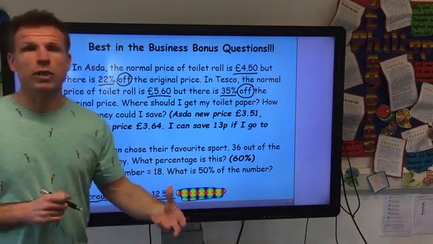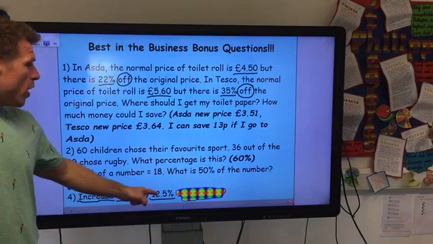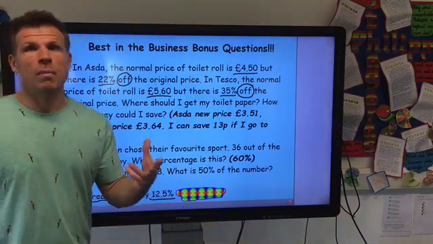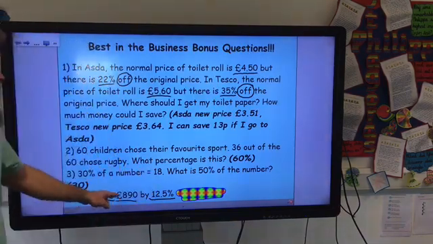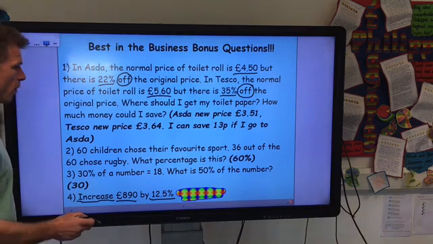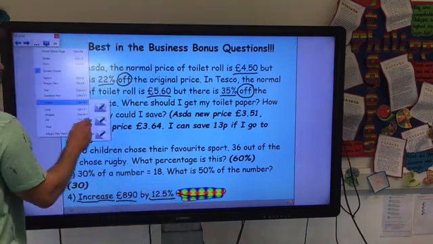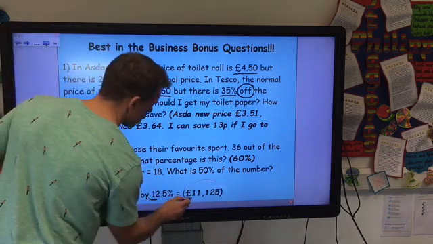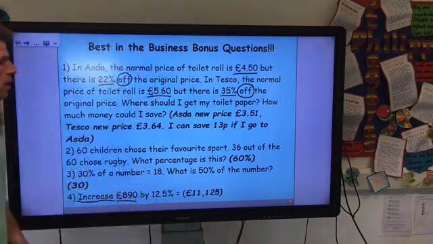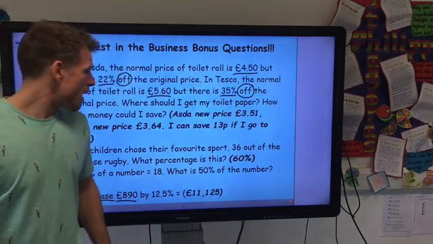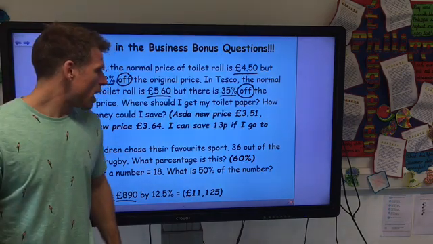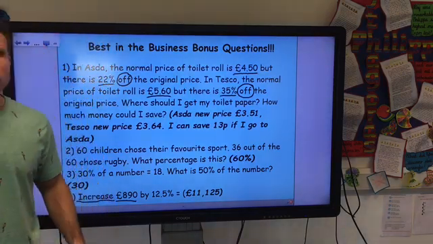Well, we know how to find 12%. To find half a percent, you'd find 1% and half it. So if you increase £890 by 12.5%, hopefully you got to 1,001.25.